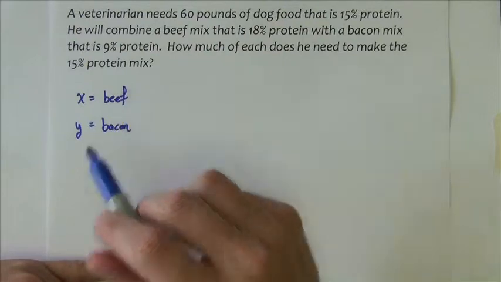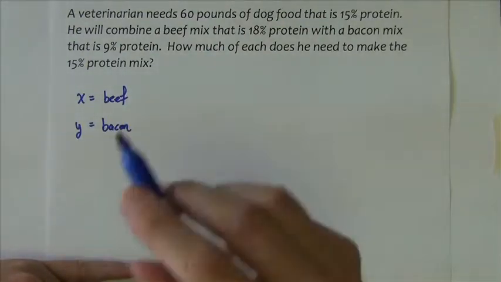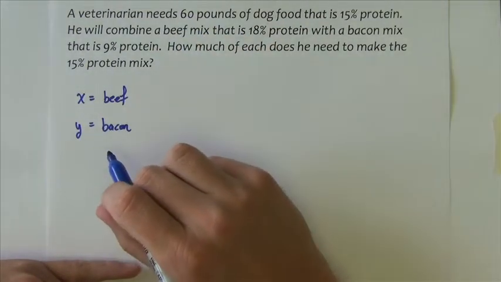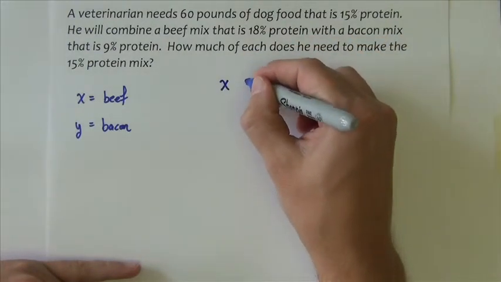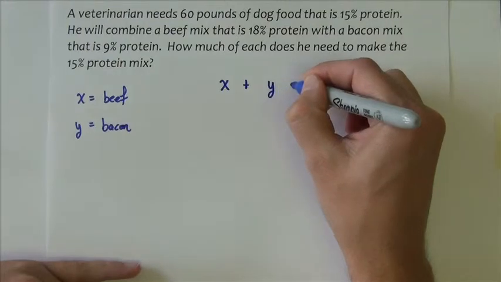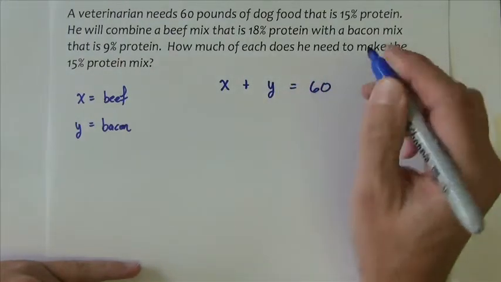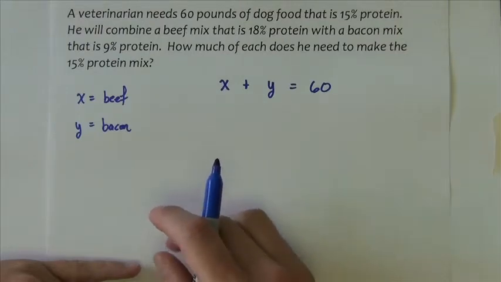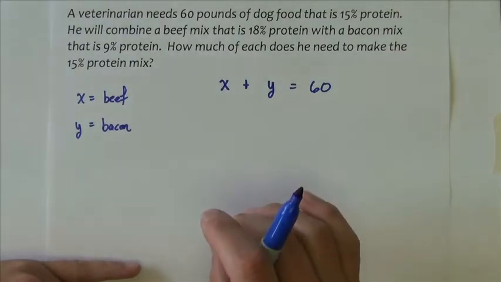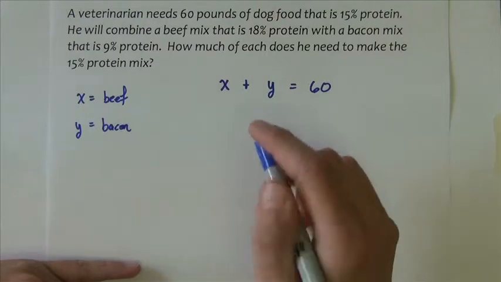So, let's see, the veterinarian needs 60 pounds of dog food. So that means the amount of beef plus the amount of bacon has to be 60 pounds. Okay. Now let's write an equation that takes into account the percentages of protein of everything.